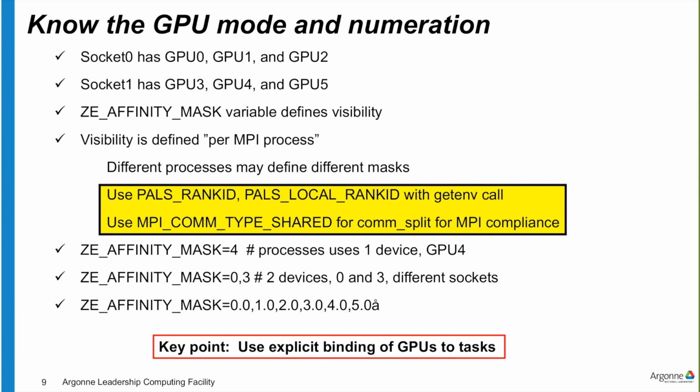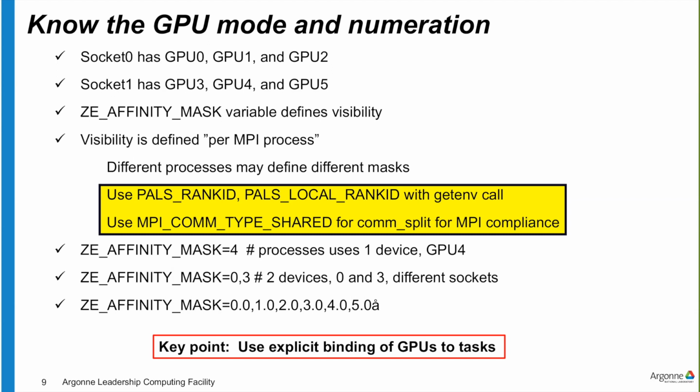In any case, if you use explicit mode, which means that each GPU is assigned as the full device, then you want to have the affinity mask be full integers.